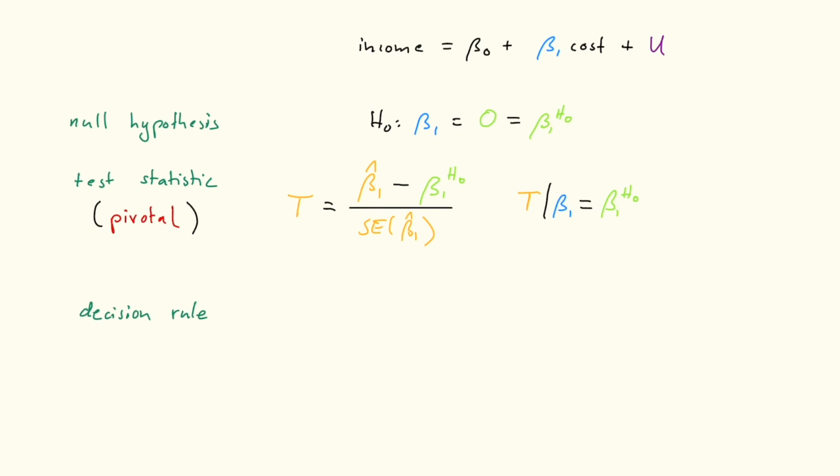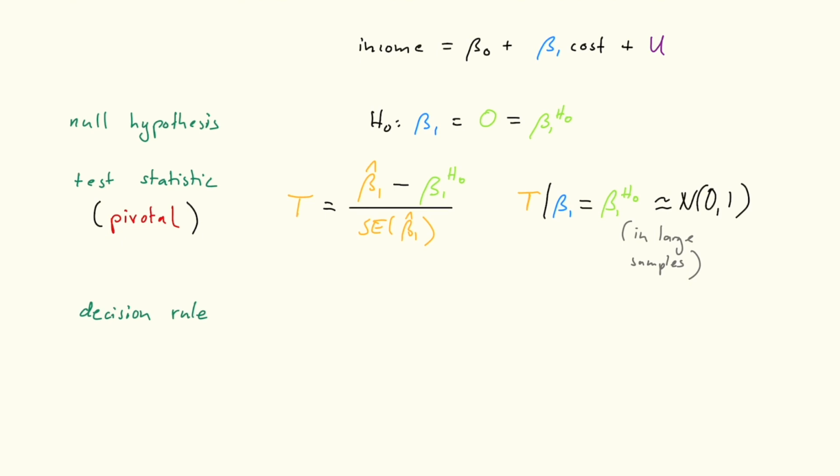This means, in this case, the t-statistic is recentering by the true value, and we end up exactly with the standardized OLS estimator that we've already discussed. And we know that the standardized OLS estimator has approximately a standard normal distribution, at least in large samples. This proves that the t-statistic is pivotal, or at least approximately pivotal in large samples.